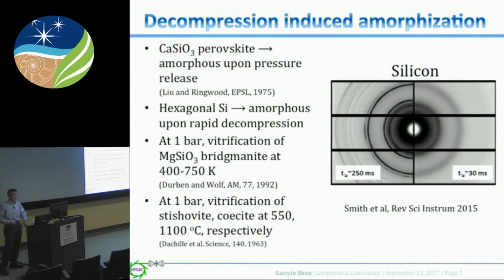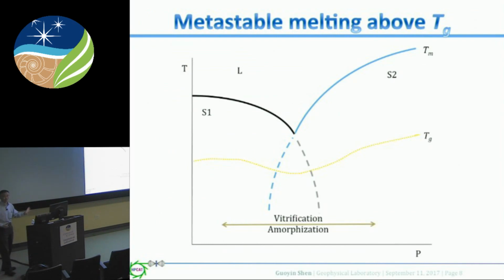That is indicative that this is a metastable phase, and it vitrified. Similarly, if we apply this heating to stishovite or coesite, they also vitrified at 550 and 1100 Celsius, respectively. These temperatures are all below the glass transition of SiO2. So we see a number of examples of decompression-induced amorphization. Below the glass transition, we have observed a lot.